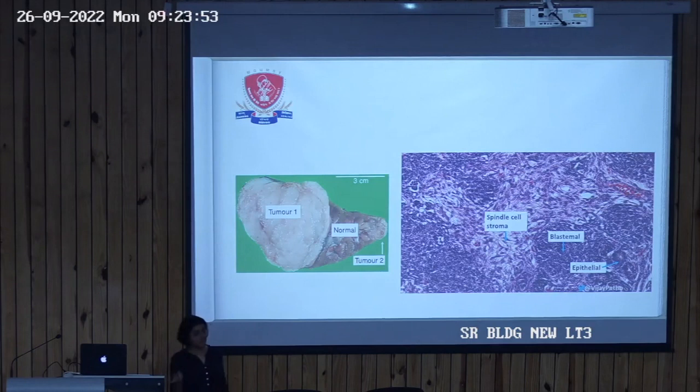Whatever the ducts and tubules are, they are supported by mesenchymal or spindle cells. If you know the histology, you can remember it like that. So the opening statement should be: small round blue cell tumor consisting of epithelial, blastemal and spindle cells.